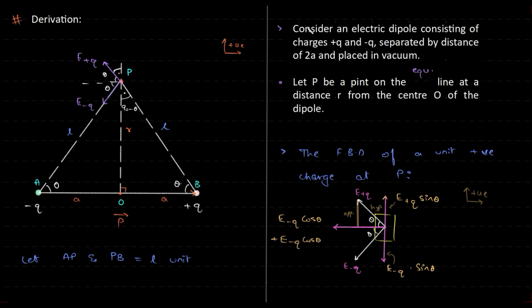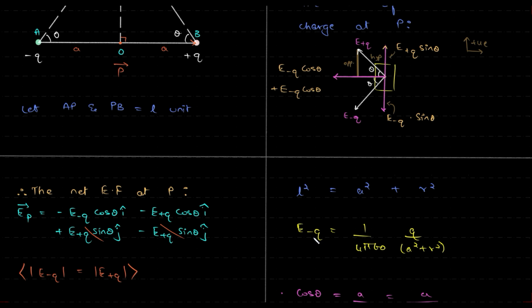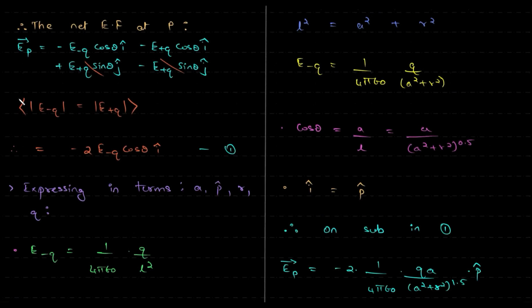And then we started with the statement, and we consider point P along the equatorial line. Then we resolve the vector, in this case the electrical field, at that point. When you resolve it, the up and the down get cancelled and things are opposite to that of the dipole moment. And all we did was add them vectorially.